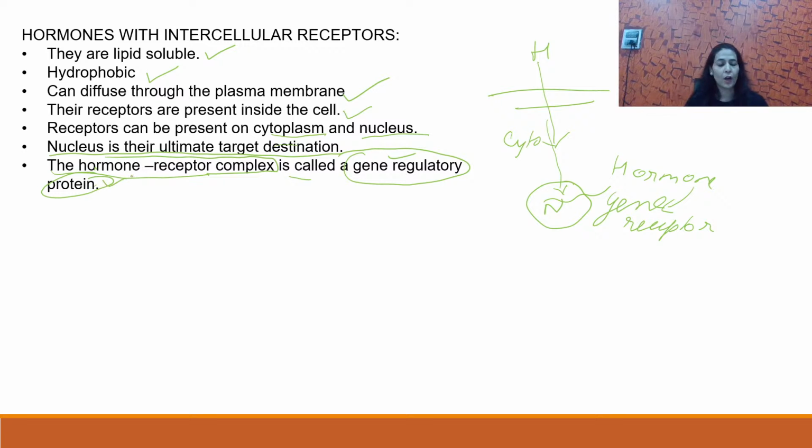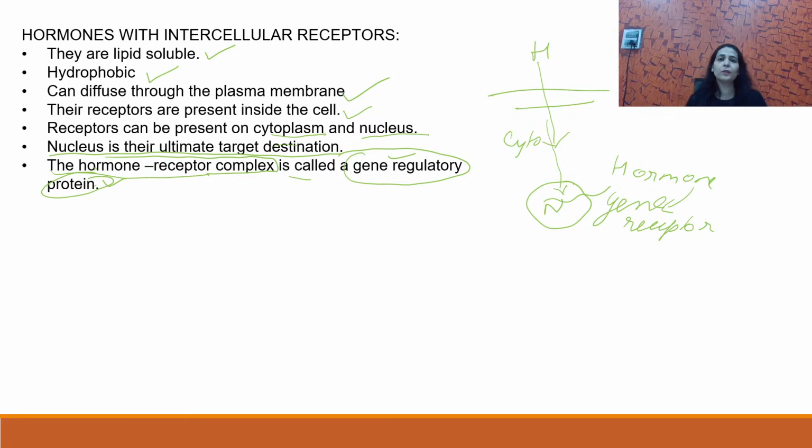Because of the binding of the hormone to the gene, either the gene will function or it will not function. There are many such cyclic changes in the body that take place during a particular period of time, and then they do not take place, especially in the menstrual cycle. It is typically repeated after every 28 days. That's because of the hormone.